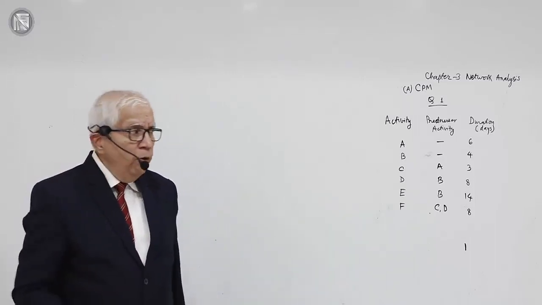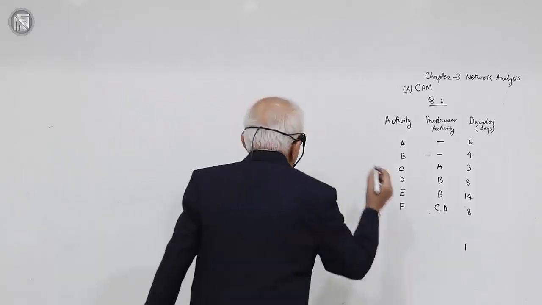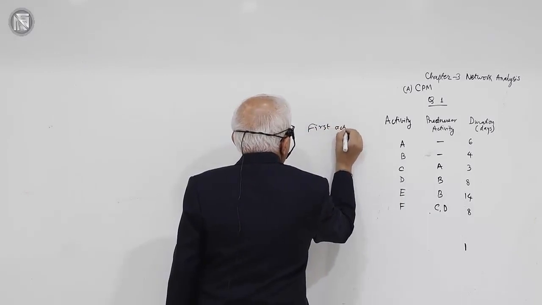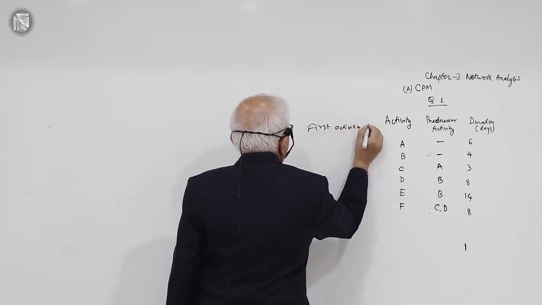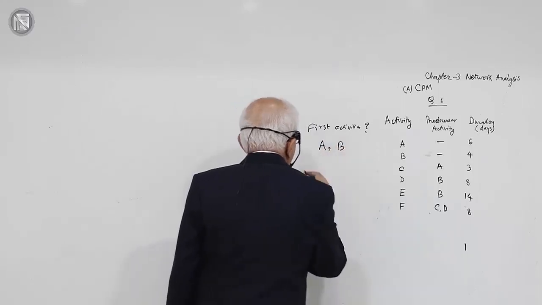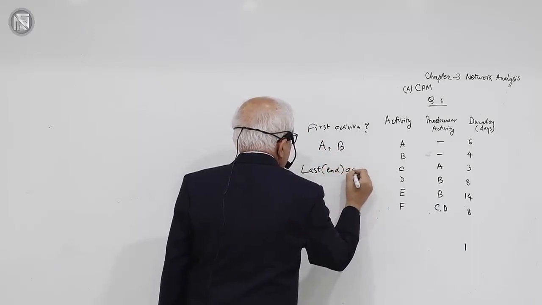So the moment we see this kind of relationship, two questions must come to my mind. Which are the first activities? Which are these? A and B. And which are the last or end activities?